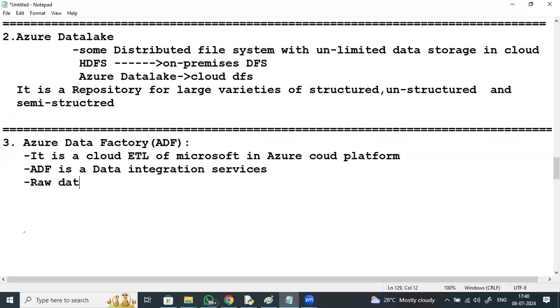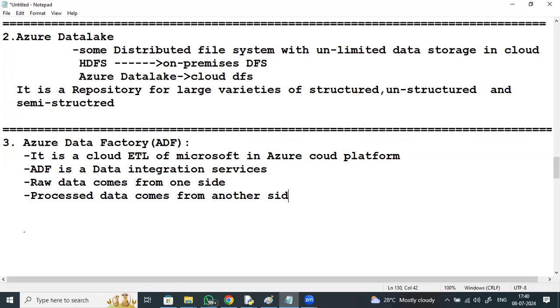Raw data comes from one side, and processed data comes from the other side, transformed as per the destination.